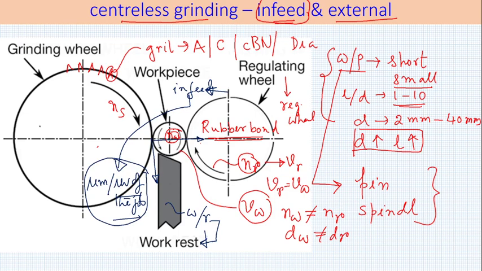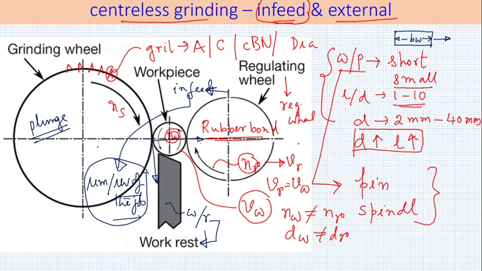Now this is equivalent to plunge grinding, because the entire length of the job, if this is the pin, would be ground in a single go. There would not be any traversing motion, any motion of the workpiece in this direction.